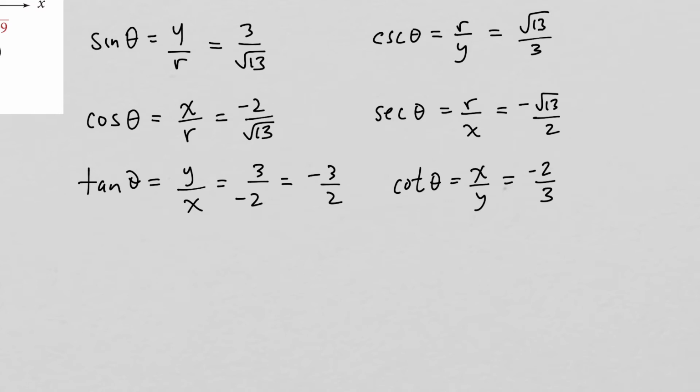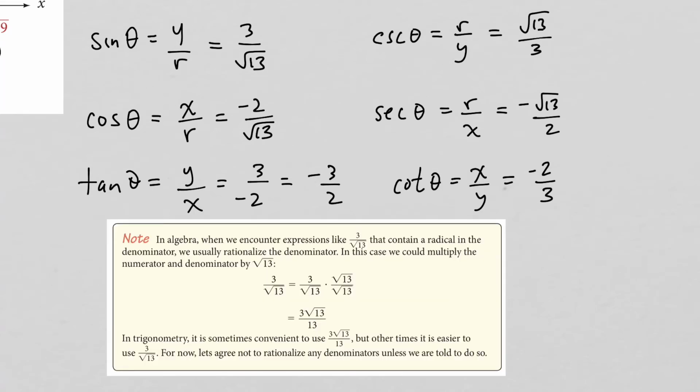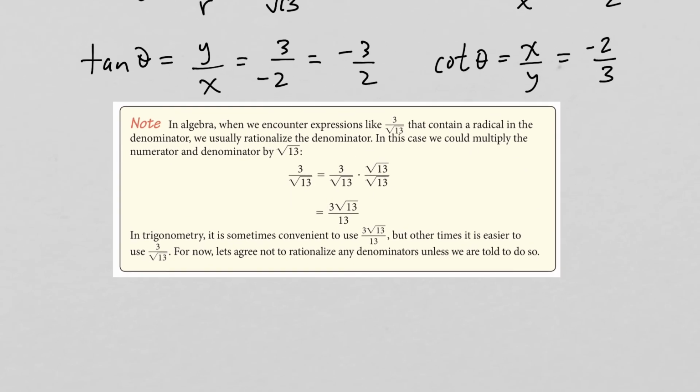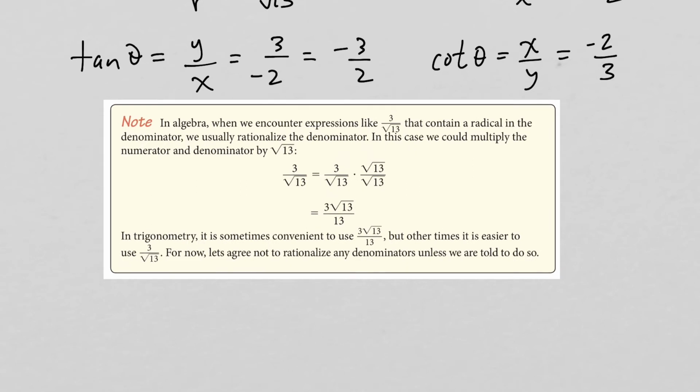So let me post this little note from the book here. The note from the book says, in algebra, when we encounter expressions like 3 over radical 13 that contain a radical in the denominator, we usually rationalize the denominator. And that process involves multiplying the numerator and the denominator by radical 13, in which case we end up getting the fraction 3 radical 13 over 13.